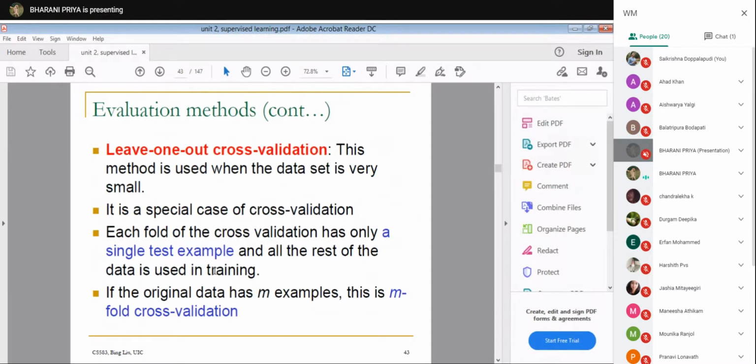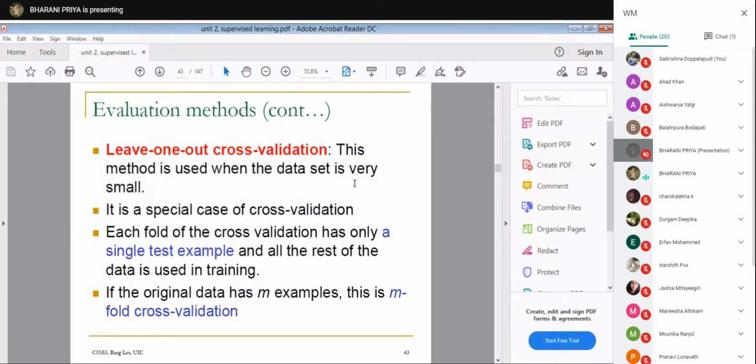If you divide the data into m subsets and select one, that one will also have a single test example. You will not have more data.